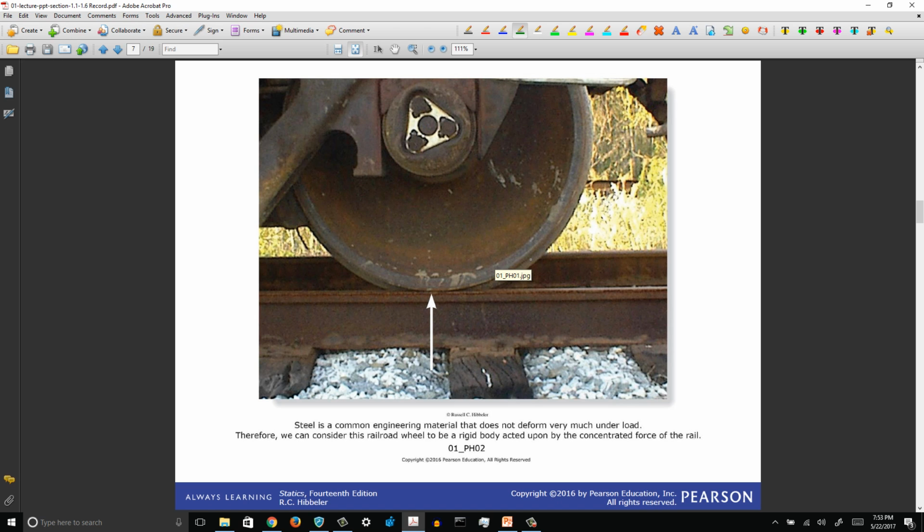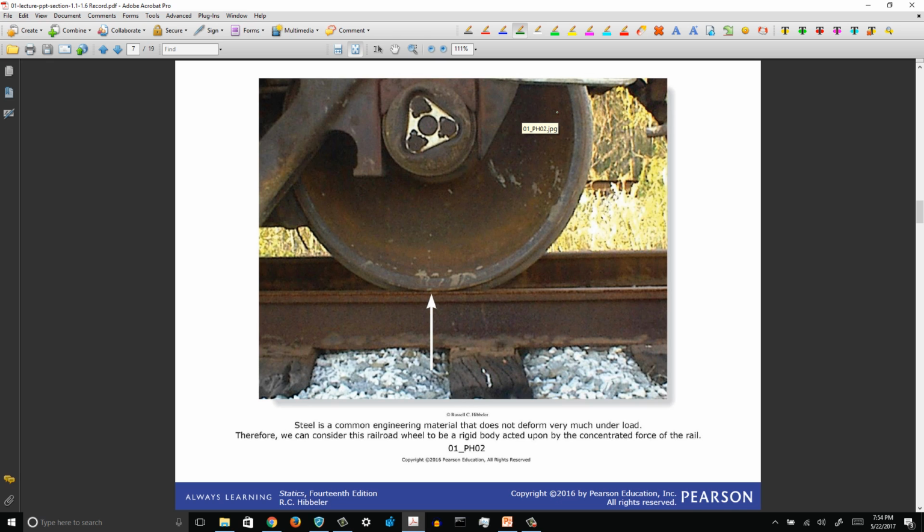Now contrast that with a rigid body, as seen here in this railroad wheel. A rigid body can be considered as a combination of a large number of particles in which all the particles remain at a fixed distance from one another, both before and after applying a load.